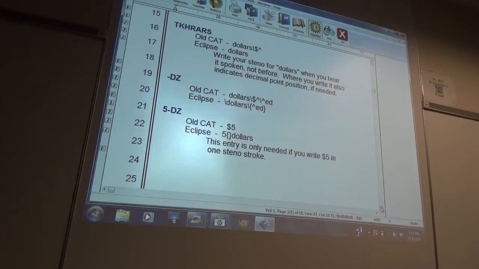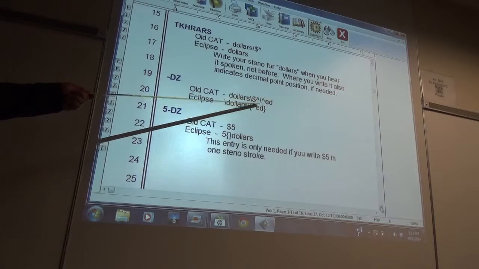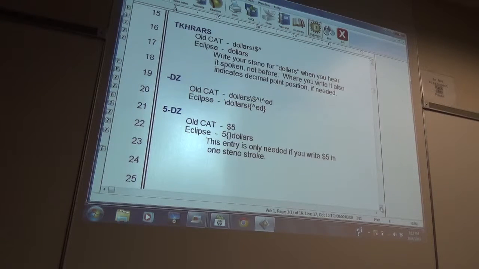I don't do it that way. I usually don't drag my Z with my ending D, so my finger's pretty strong there, so I'm pretty lucky. So I just have it defined as dollars. But if you don't, then you have to define it as ED also, okay? Create a conflict. But it'll know when it comes with a number.